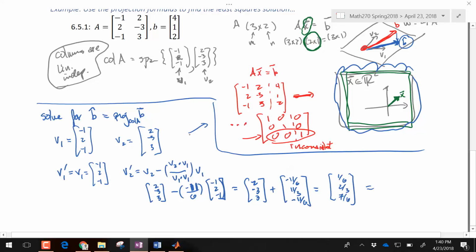This vector V2 looks like this. So V1 is equal to V1 prime. Now V2 prime is going to be perpendicular. V2 prime is the new vector that we just found that's perpendicular to V1 prime, or V1.